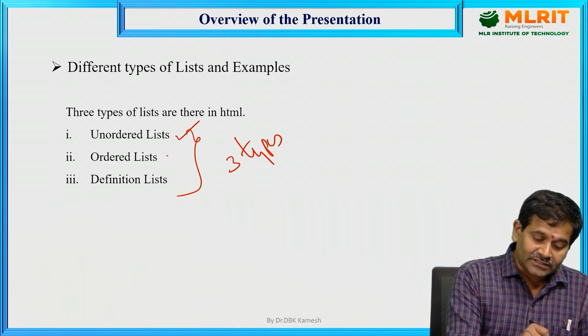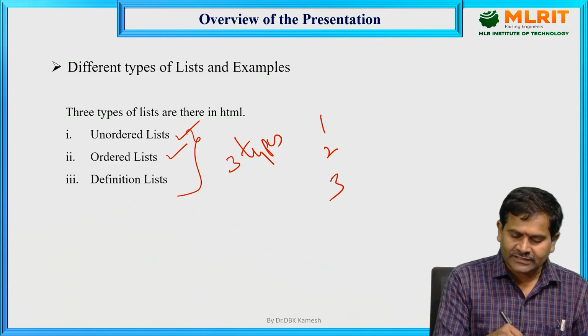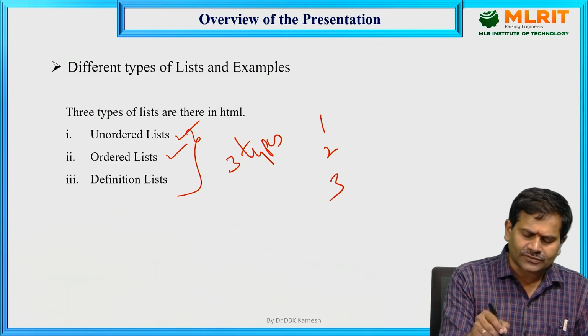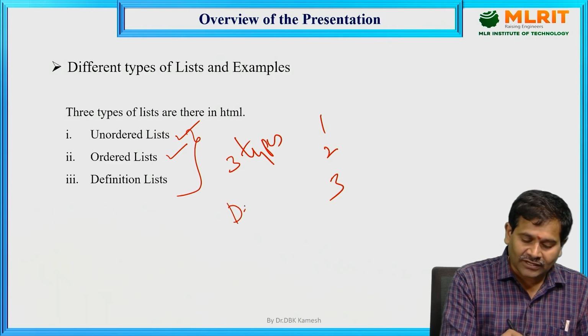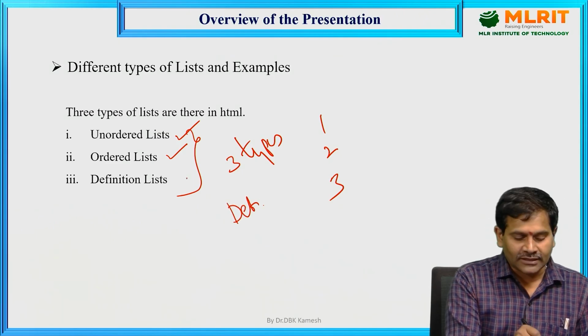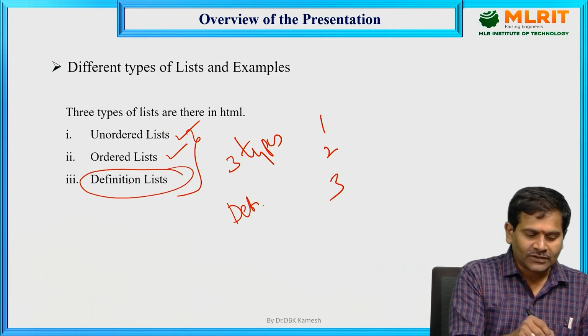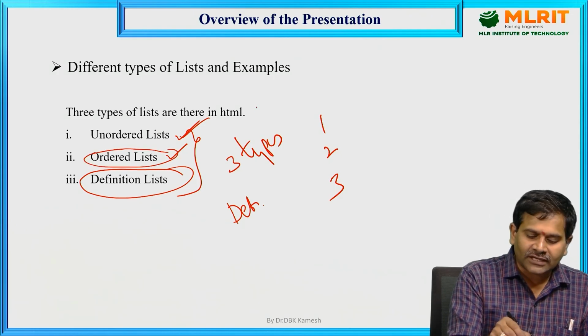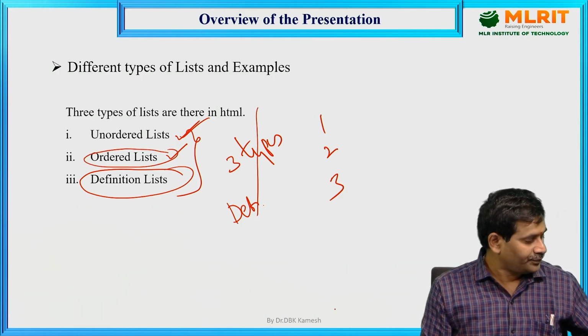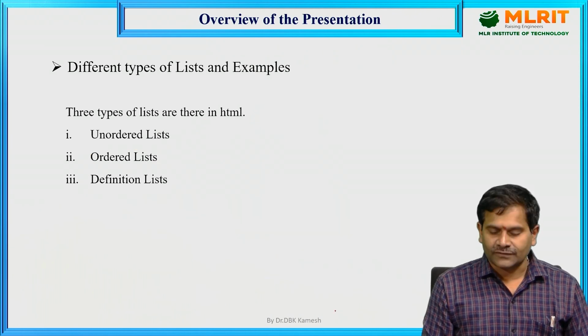The second is ordered, meaning 1, 2, 3 like this. The last one is definition, where something is defined.